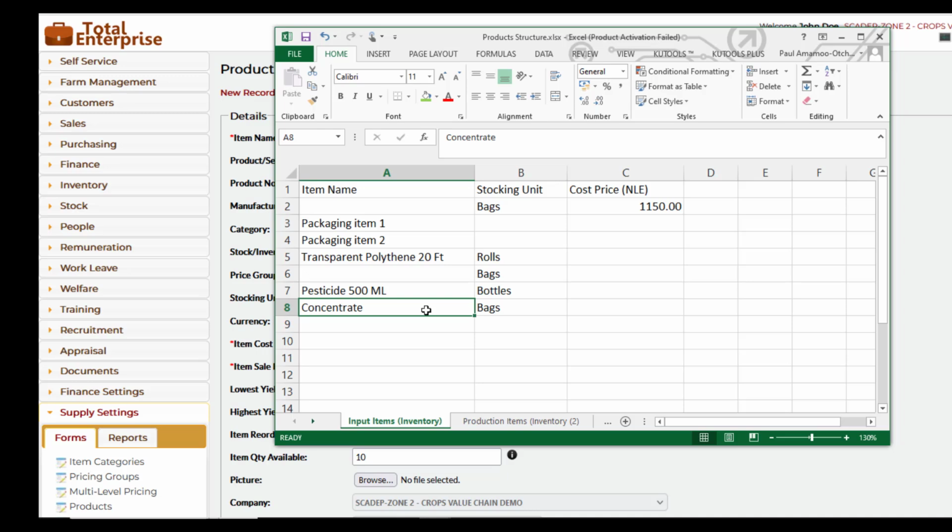So when you are buying, your stocking unit is kg because there's a price per kg. That's the only time you should use the scientific unit as your stocking unit.